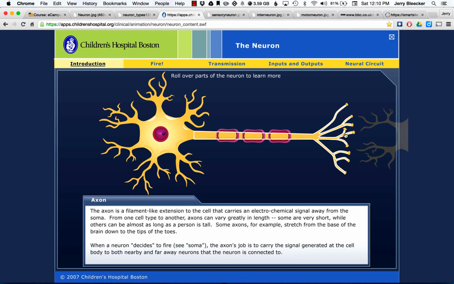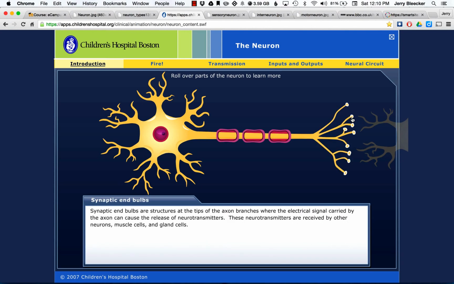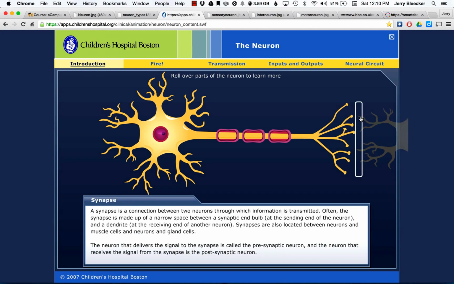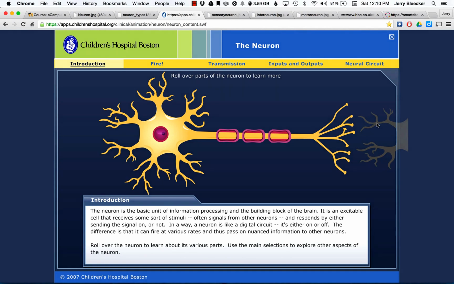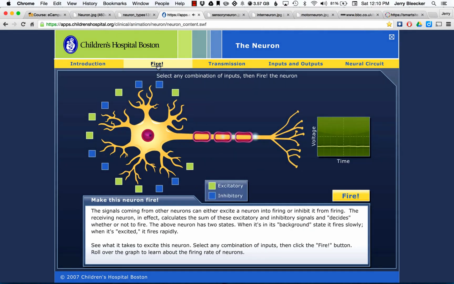Now we get down here to the tips, and we're at the end of the axon, and there are the synaptic bulbs. And as you jump the cleft right there, that cleft is called your synapse, until you reach your next dendrite. So some pretty neat animations here.